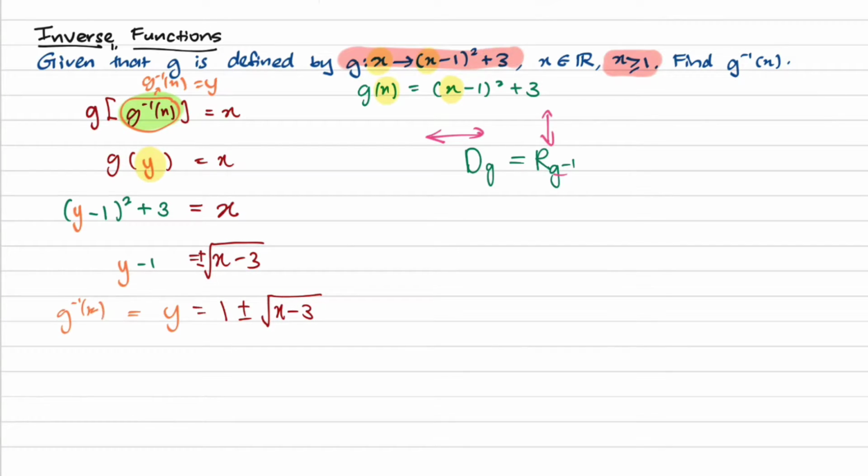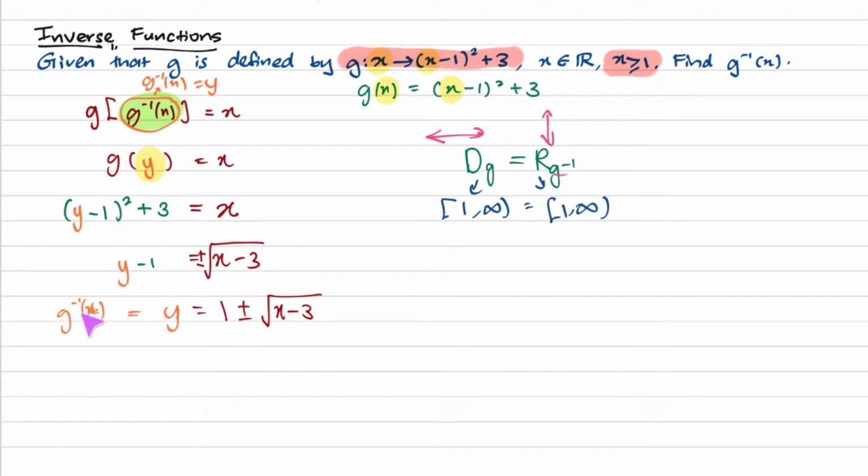And we know that range means all possible values of y. So it means that when these two are equal, the domain of g, since it is greater than 1 and until infinity, the range for g inverse is also from 1 until infinity.